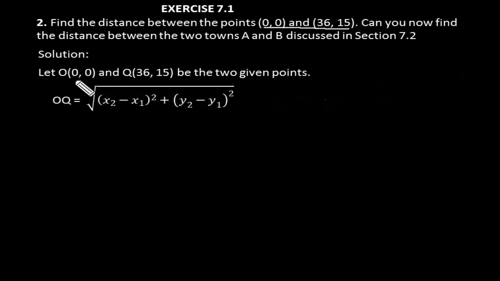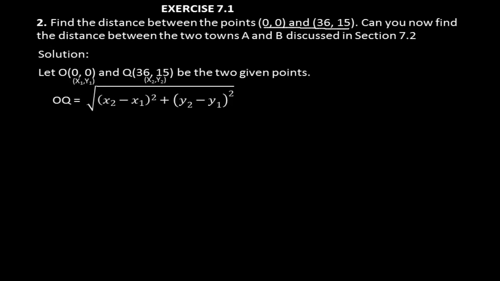Now I am going to consider the coordinate of O as x1, y1 and the coordinate of Q as x2, y2, or else you can take the coordinate of O as x2, y2 and coordinate of Q as x1, y1. It's your choice. You can take as you wish. So here I am taking the coordinate of O as x1, y1 and coordinate of Q as x2, y2.